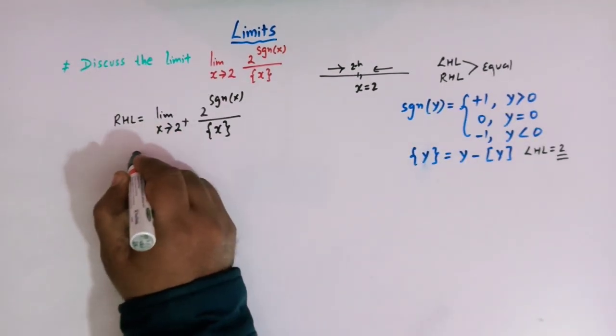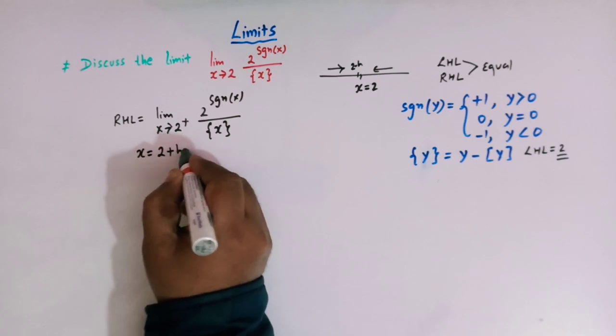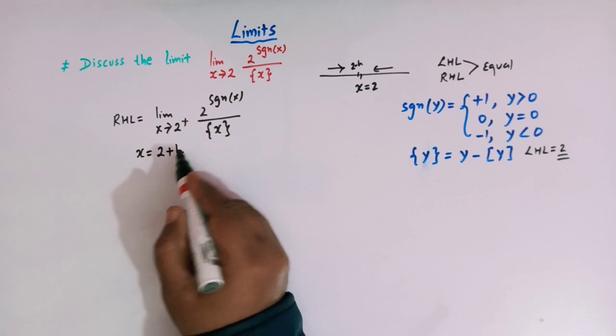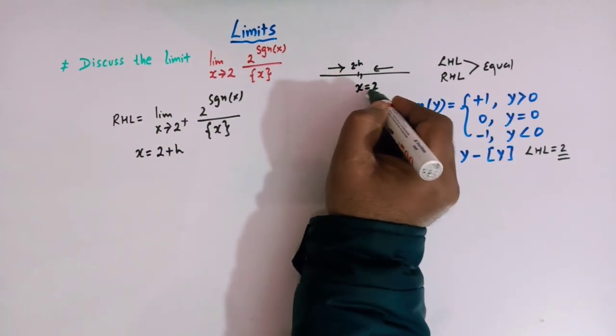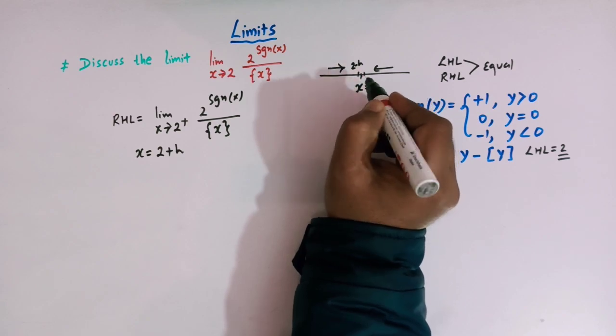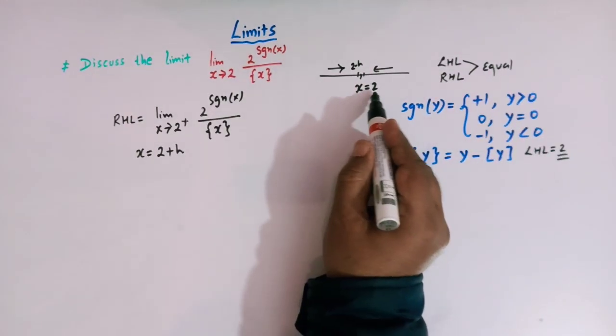So here we'll take x equal to 2 plus h, right? This point, 2 plus h, lies in the neighborhood of x equal to 2, and it is very close to 2, but it lies towards the right of x equal to 2.